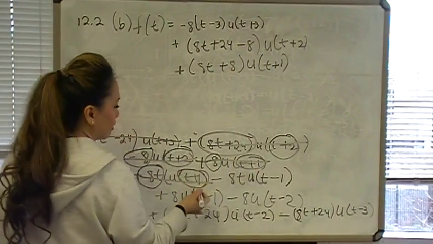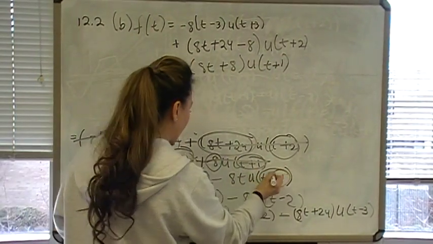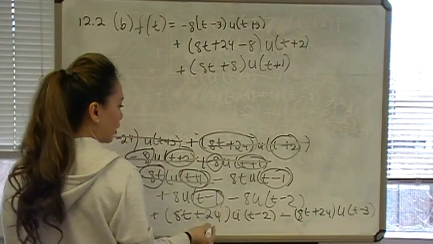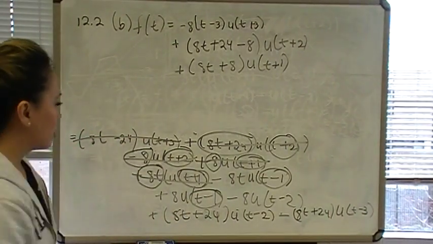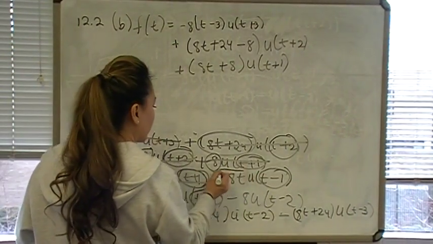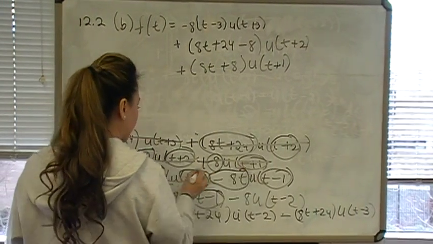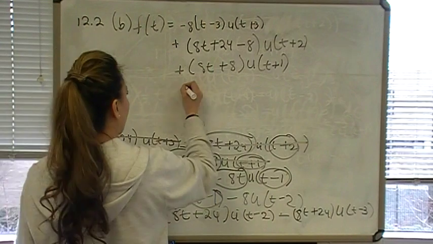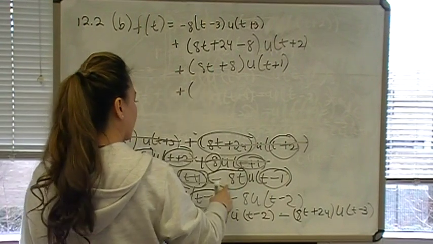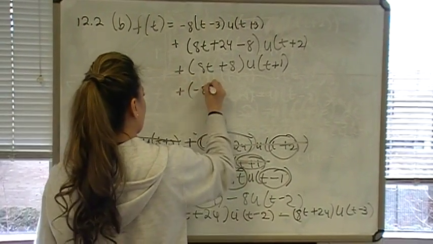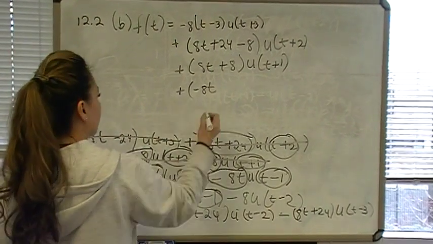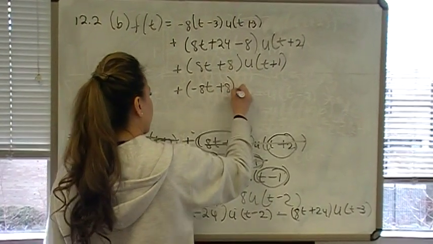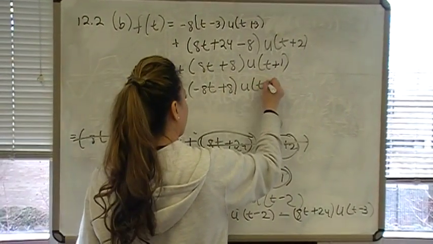Done, done. Now we have a t minus 1 and a t minus 1 here, and the coefficient of t minus 1 is minus 8t, positive 8. So we have plus minus 8t and positive 8.